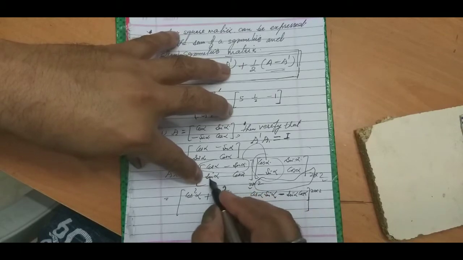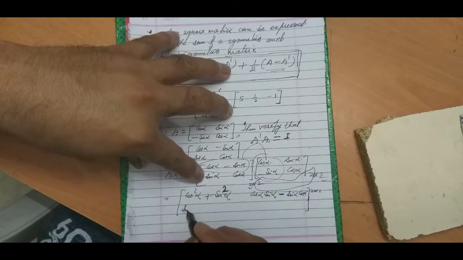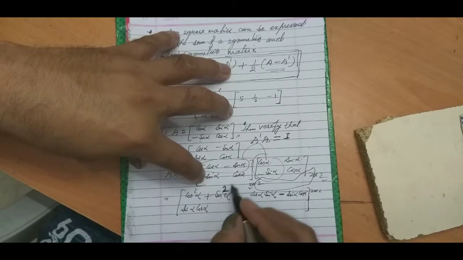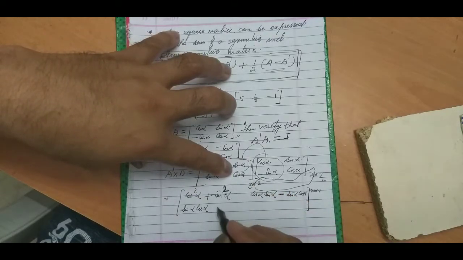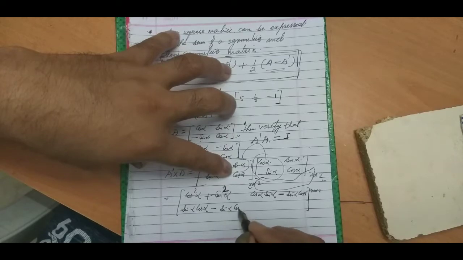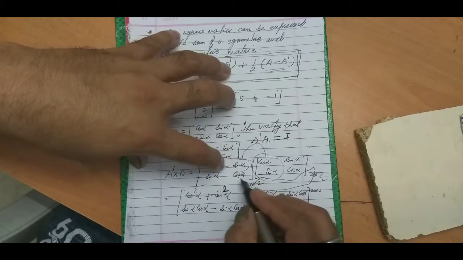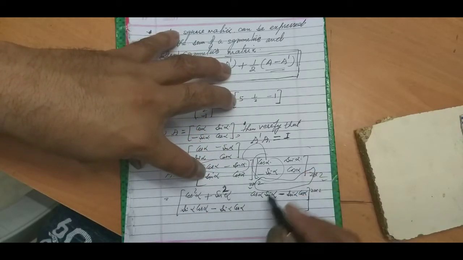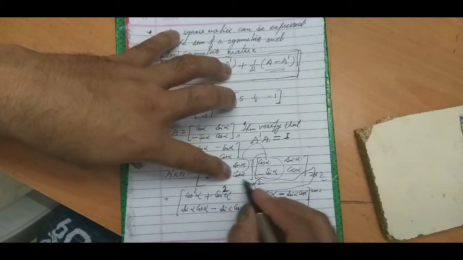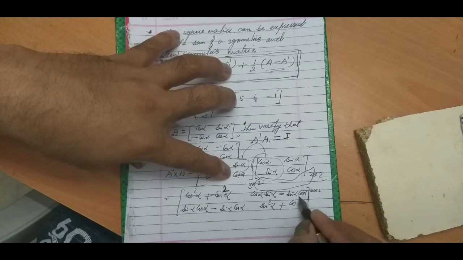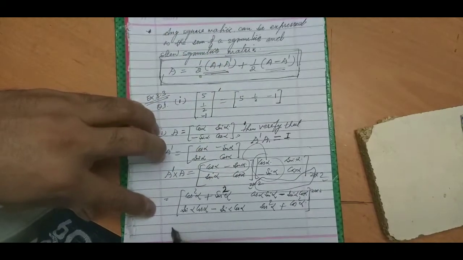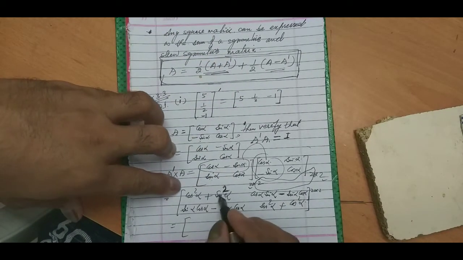Second row, sin alpha into cos alpha, minus sin alpha into cos alpha. And the last one, sin alpha into sin alpha, sin square alpha, and then plus cos square alpha. This is identity number 1.